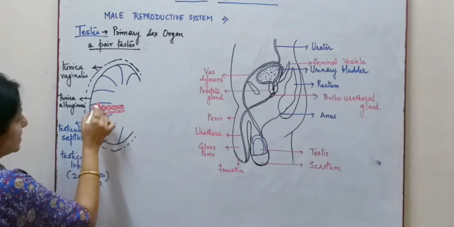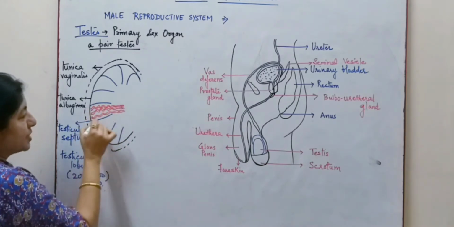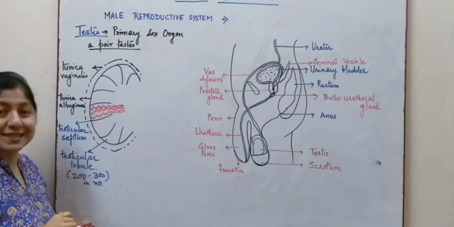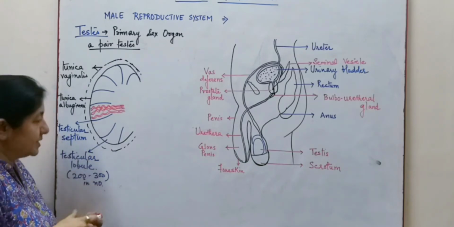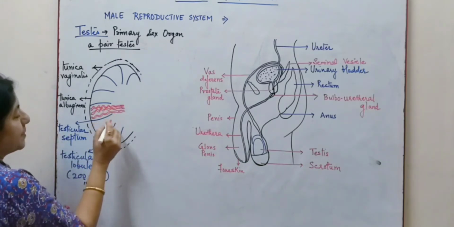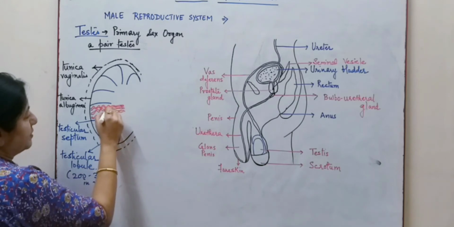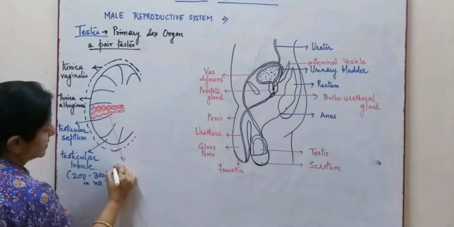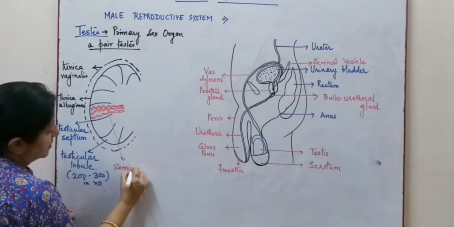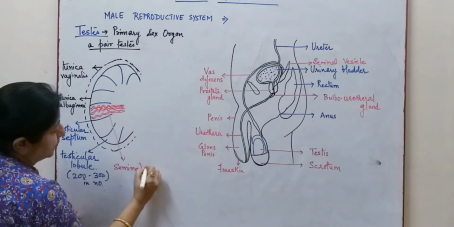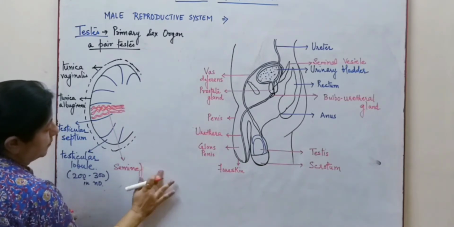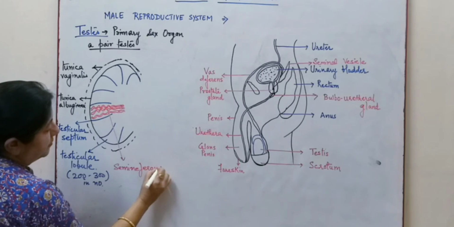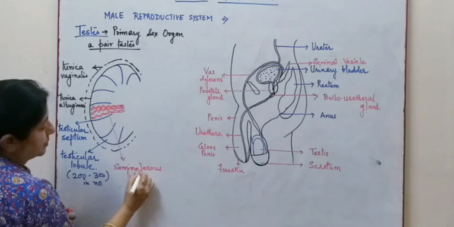This coiled structure which is present inside the lobules is known as the seminiferous tubule. So I will write over here, this is seminiferous tubules.